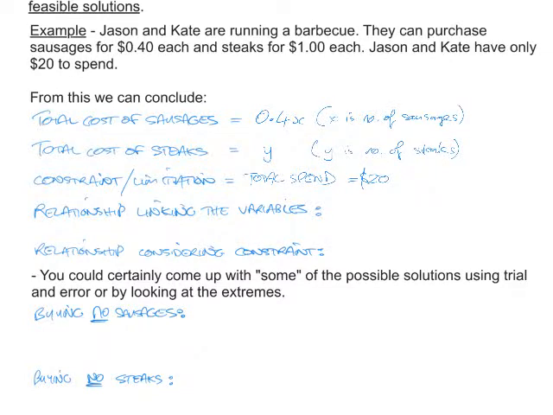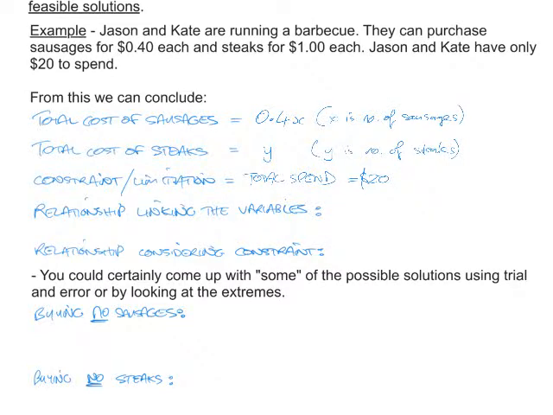Right now we haven't dealt with whether they're allowed to spend less than that. It's probably a given because they only have $20. They can spend a bit less than that, but we'll deal with that as if they had to spend exactly $20 for now. So what's the relationship linking the variables and the constraint?